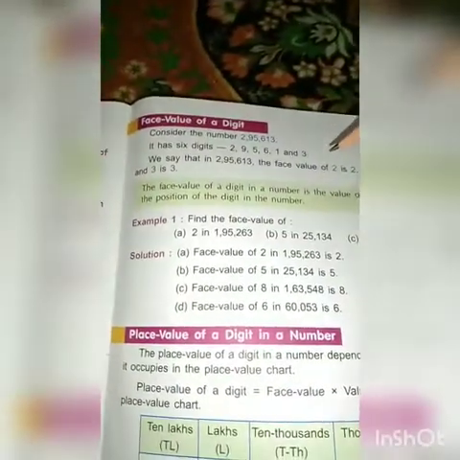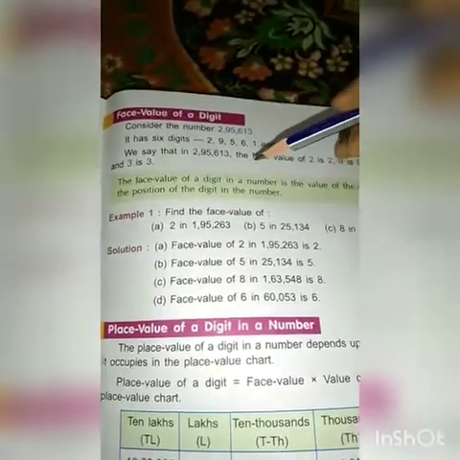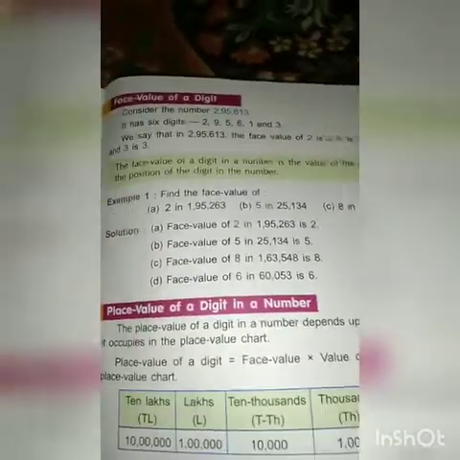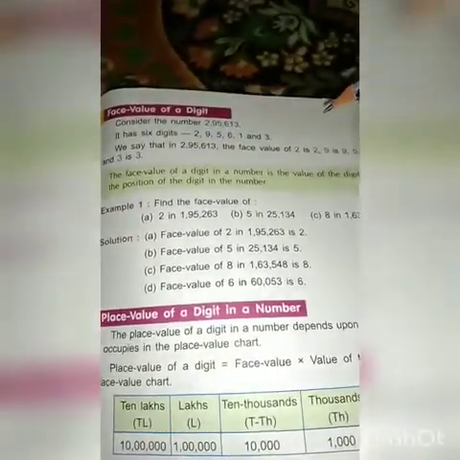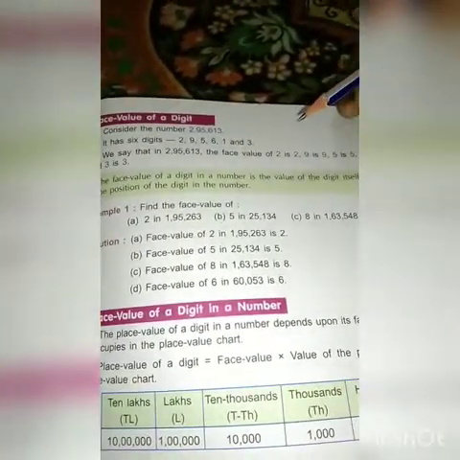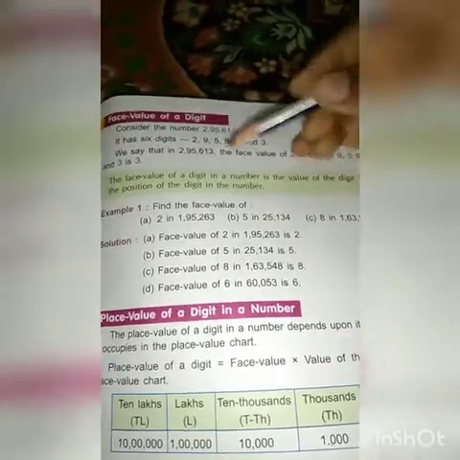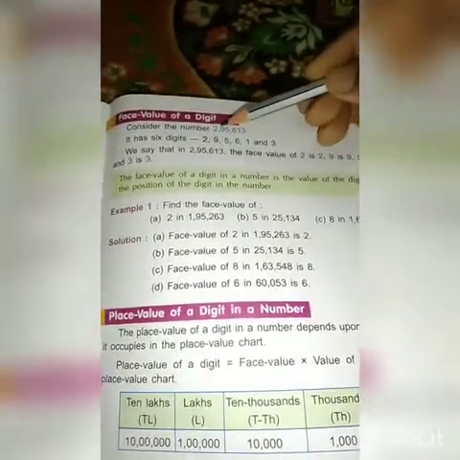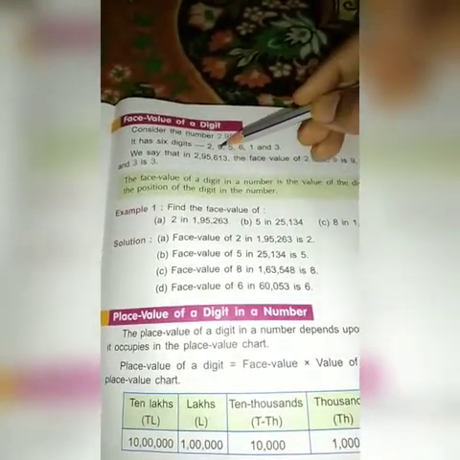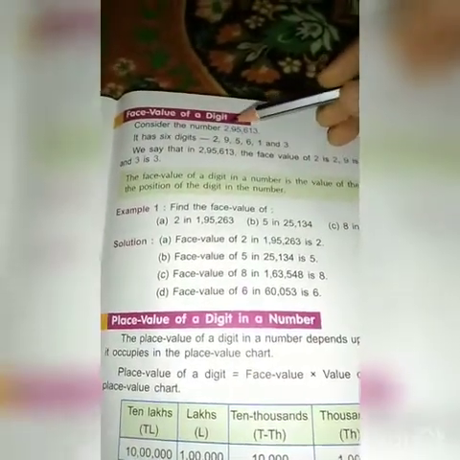So, you can see, the face value of a digit in a number is the value of the digit itself regardless of the position of the digit in the number. Suppose it is asking to tell the face value of 2, so the face value of 2 will be 2 only, not 2 lakh.